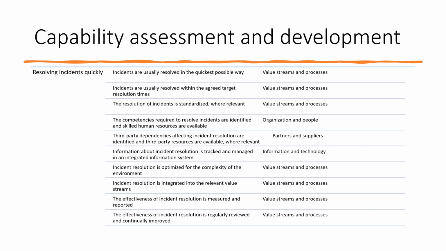Next up, the criteria for the partner and suppliers dimension for solving incidents quickly is just one assessment. Third-party dependencies affecting incident resolutions are identified and third-party resources are available where relevant. And the last dimension, information and technology, also one criterion. Information about incident resolution is tracked and managed in an integral information system.